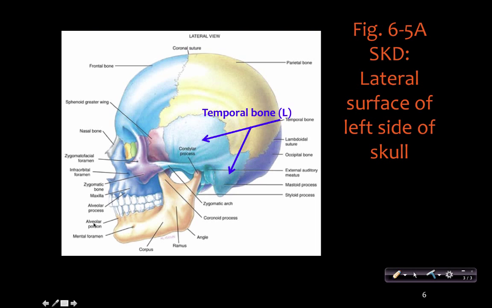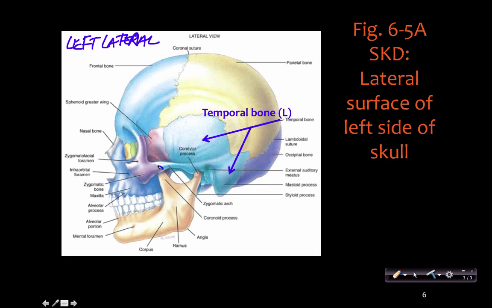If we look at some of the different skull bones here, the one that we're primarily interested in for our purposes is the temporal bone. We can't really see all of the important parts of the temporal bone on this. This is a shot we used before, a left lateral view, and so there are some structures that we can only see in the midline.